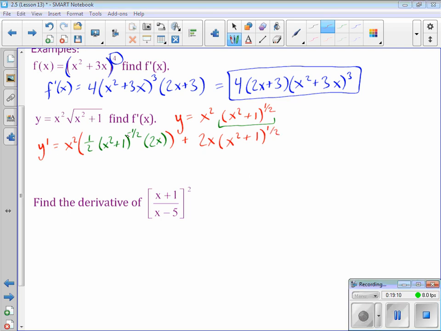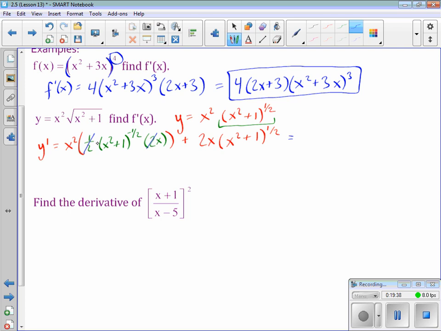Okay, so we're just going to try to clean this up now. Let's look at this first chunk up here. What can cancel out of this first chunk? Not the squared, but the 1/2 and the 2, right? Because a 1/2 times 2 would just be 1, so that piece goes away. And realize all these things are being multiplied, so my x squared, my x is going to give me what? X cubed.